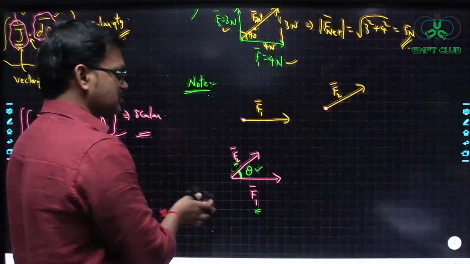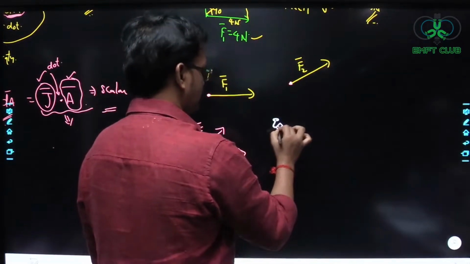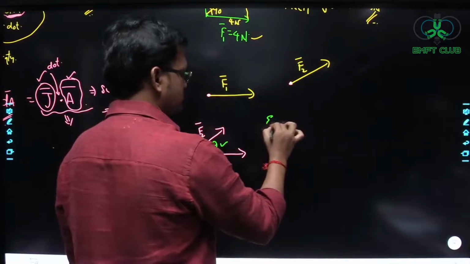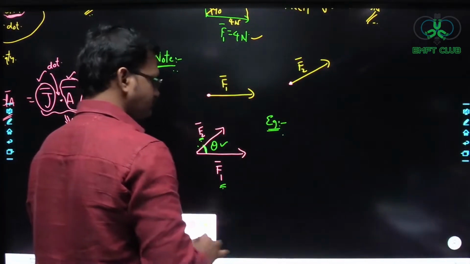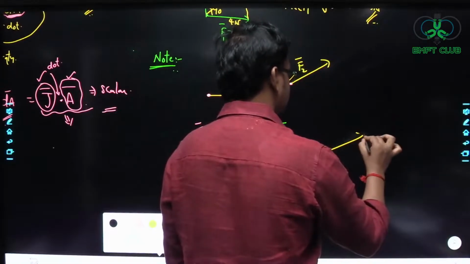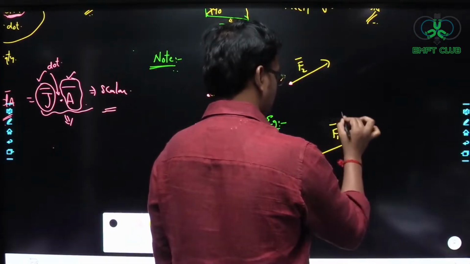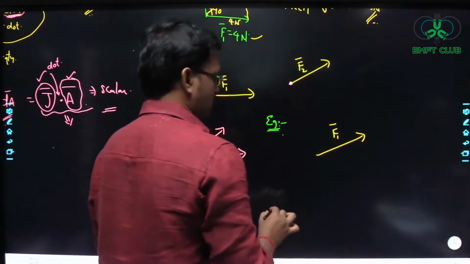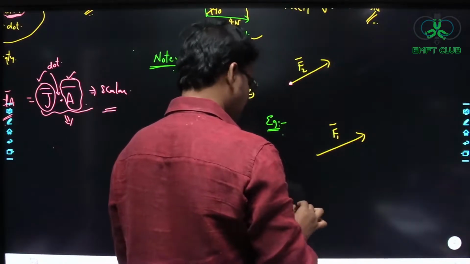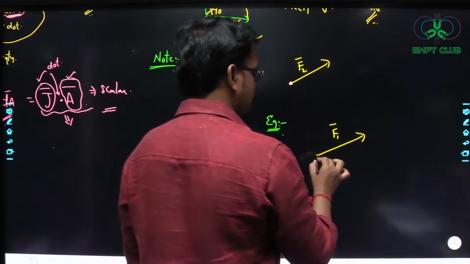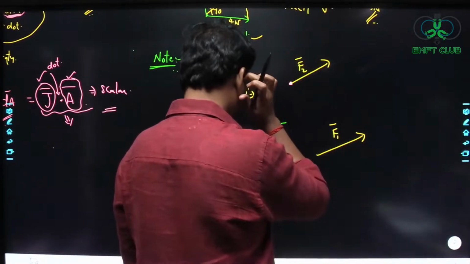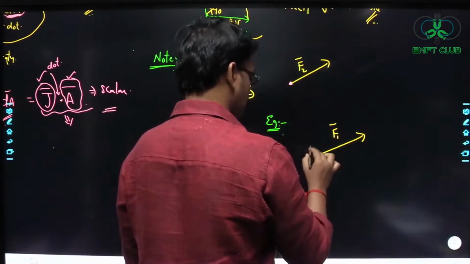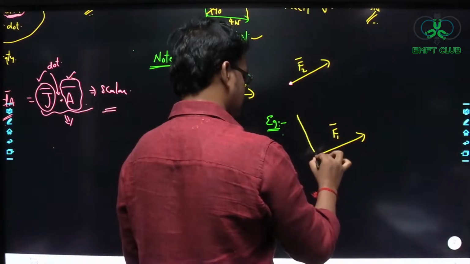See, you can take one or two examples here. For example, let us consider a vector f1 bar here. Next I am considering another vector like this.